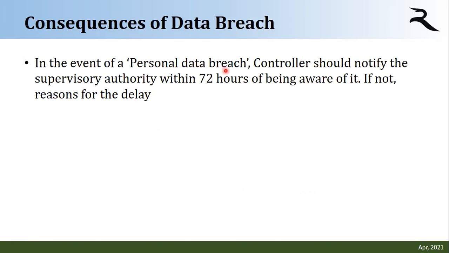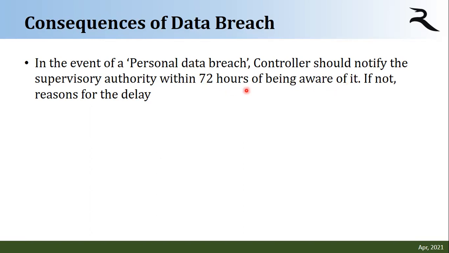And what are the consequences from a law standpoint? In the event of a personal data breach, first and foremost, the controller should inform the supervisory authority. By the way, that's another term, though I didn't explain here. It essentially means there is a governing body in the GDPR law who needs to be notified, right? And within 72 hours of being aware of it.